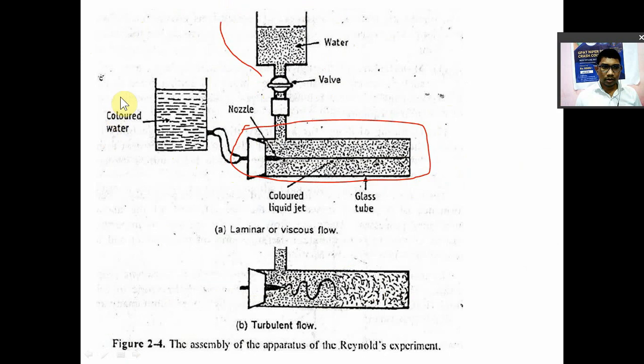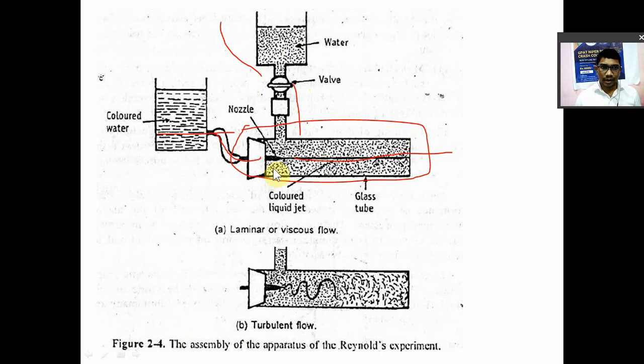Another tank contains colored liquid, which is introduced into this tank via a nozzle. When the flow or velocity of water is low, the colored solution enters and appears as a simple thread, and there is no sign of mixing because of the low flow.